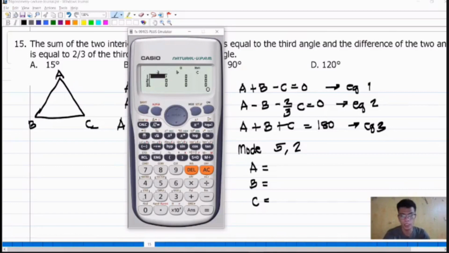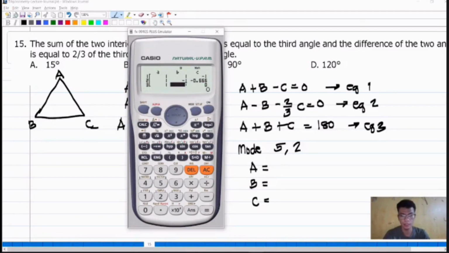So, mode 5. The coefficient of A in the first equation is 1, B naman ay 1, and then C is negative 1. The constant term on the right side is 0. Sa equation number 2, 1 ang A, negative 1 ang B, negative 2/3 ang ating C, and then the constant term is still 0.